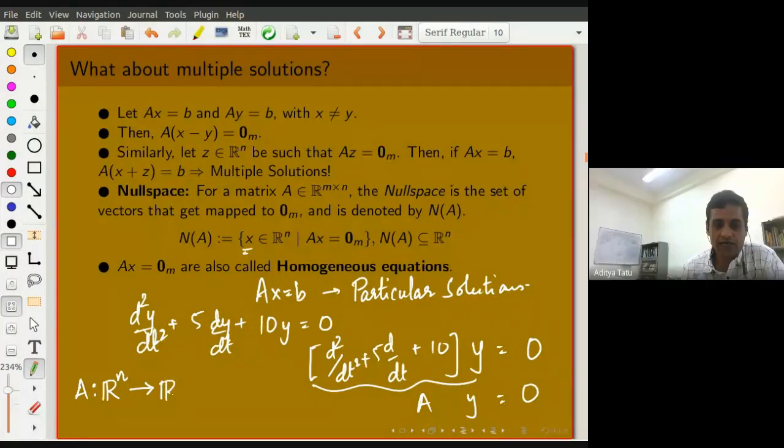Rm. Now Rn with the component-wise addition, what does it form? And similarly, Rm with component-wise addition, what does this form? A set with one binary operation.